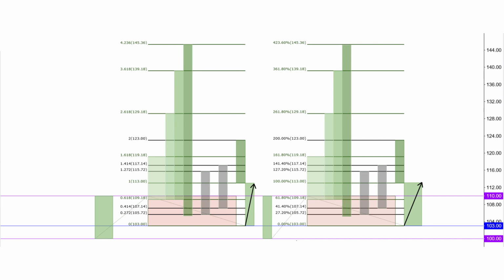The same idea applies with the additional extension levels, which is why the 1.272 and 1.414 levels are $10 or 100% of the base trend's distance away from the 0.414 and 0.272 levels, if they were levels that were part of a normal fib retracement.